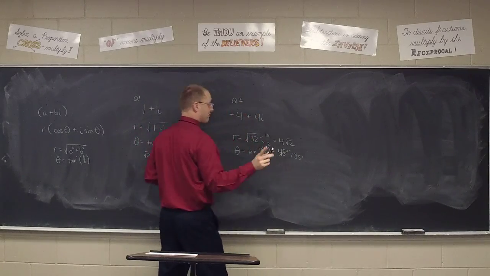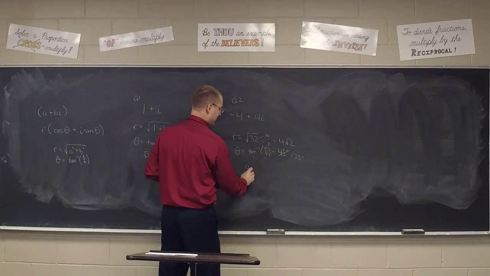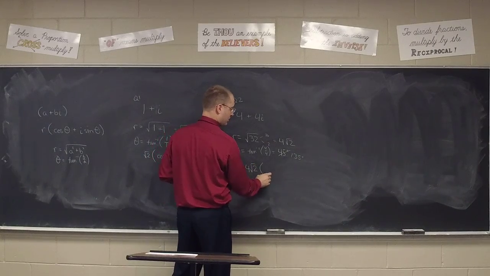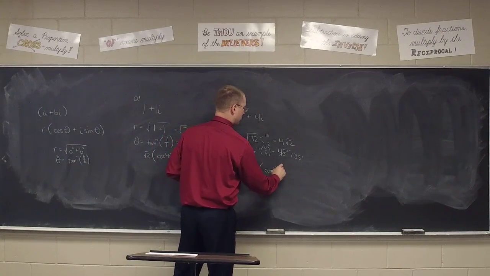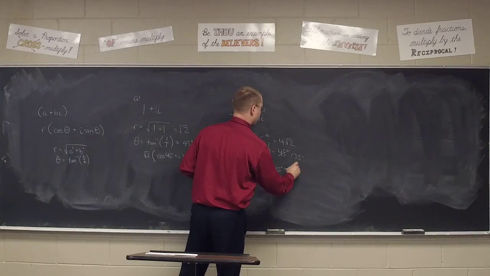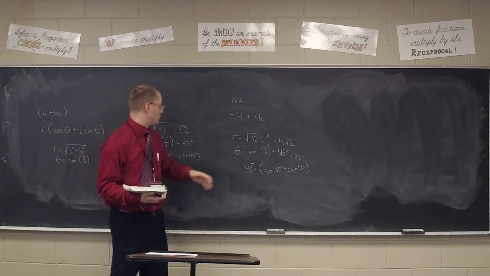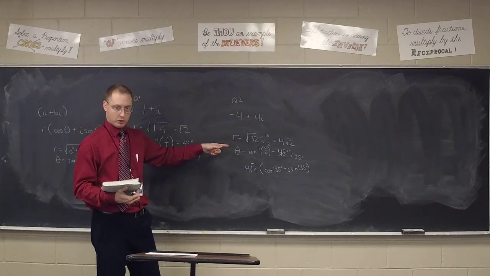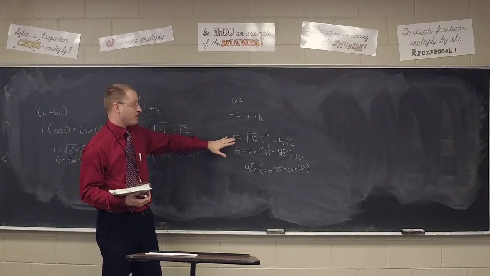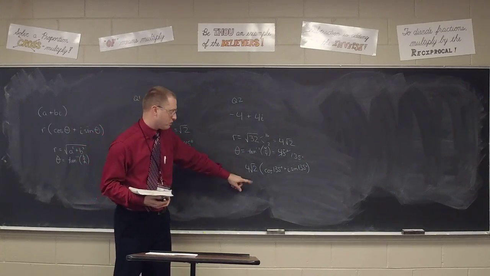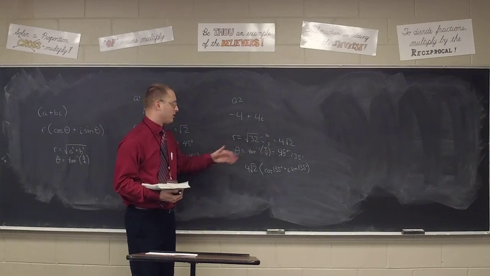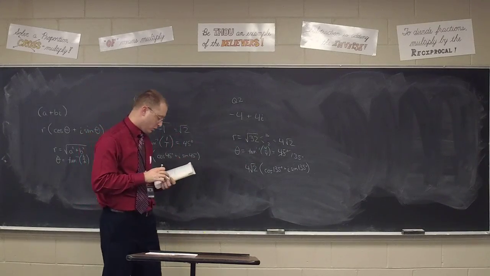So my answer should have been 4 times square root of 2 times cosine 135 plus i sine 135. There we go. Again, we haven't seen reducible radicals for a while, so this is a good opportunity to see one that does reduce down. Just a reminder to reduce, and be careful on the work there on the angle.